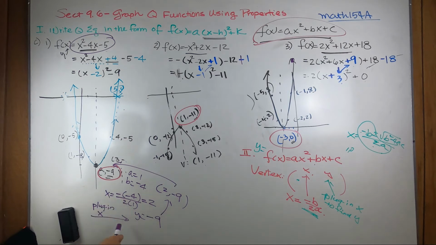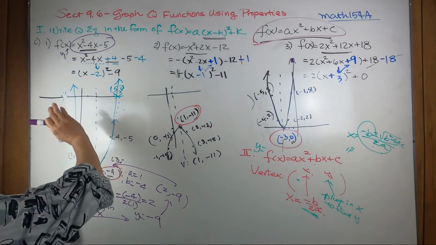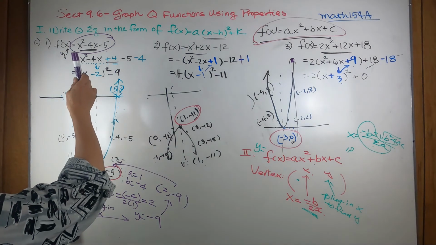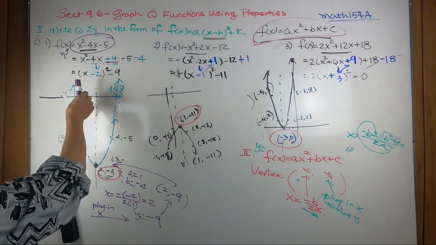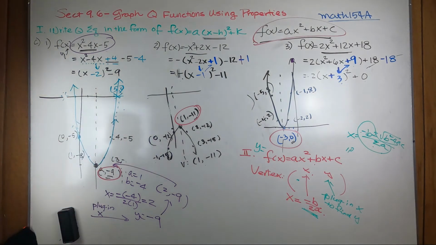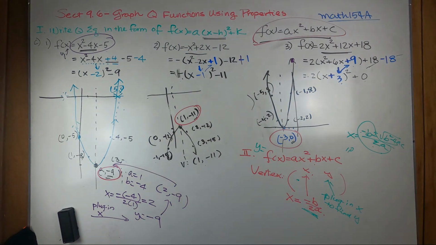Right? So you can use this later on. We don't need to change it to vertex form anymore. But we used vertex form to let you visualize it. So we can do the symmetrical parabola first. So we can graph it first.